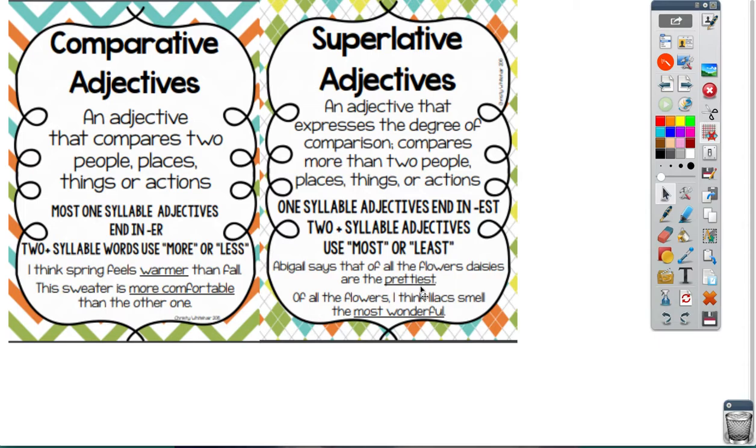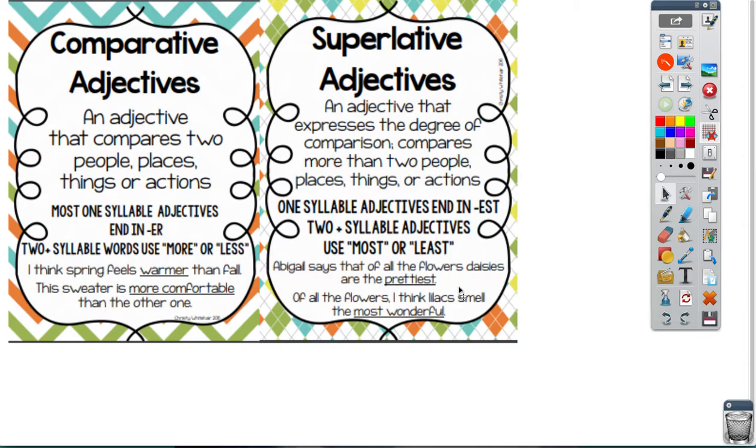She's comparing all the flowers in the world, so it's definitely more than two. And pretty. Let's clap it out. Pretty. It's two syllables. Oh, wait. Remember I said if it ends in Y, you say goodbye to Y and hello to I, and then add the EST. So pretty becomes prettiest.